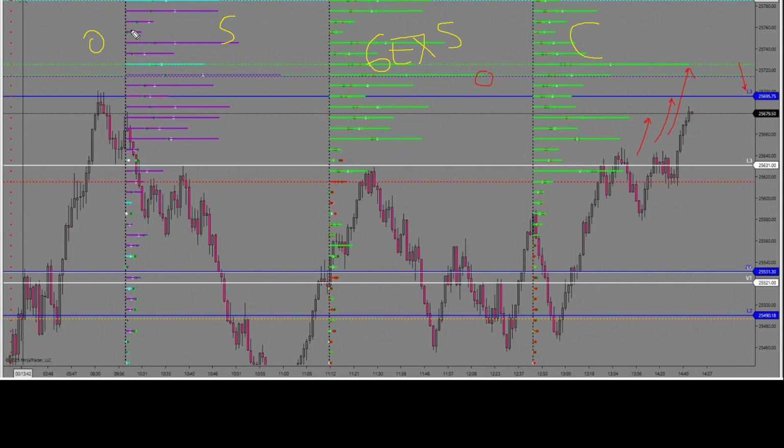GEX convexity is this. Okay. If you don't know how to interpret this left ladder, don't take it into account, only use these.